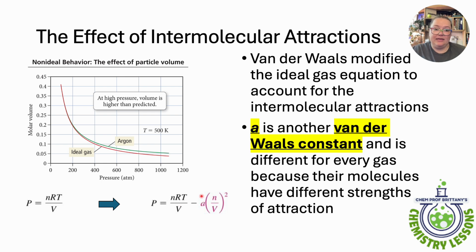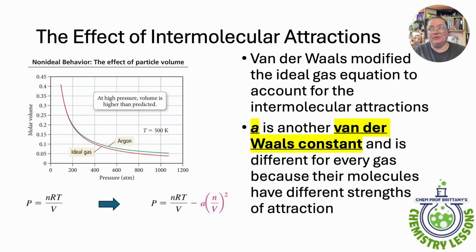So A here is another van der Waals constant, and it's different for every gas molecule because these molecules have different strengths of attraction for each other, depending on what they are. If they're polar molecules, it's going to be a lot bigger attraction than nonpolar molecules, for example. So it totally depends on what the substance is.